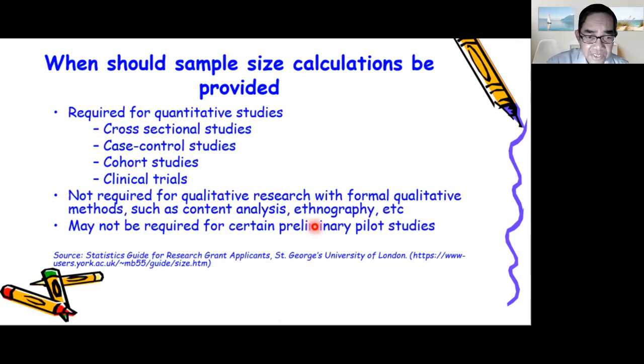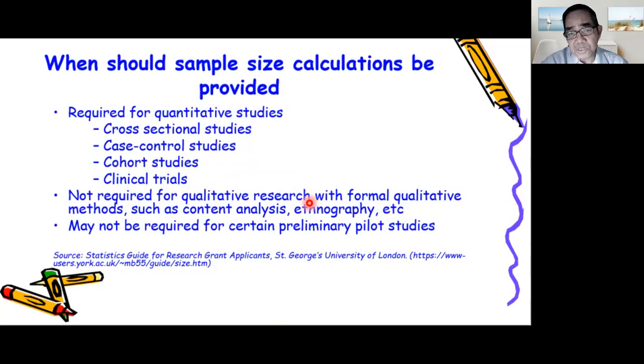Qualitative studies don't require sample size calculation. It may not be required for certain preliminary studies. I would like to explain why we don't need to calculate the sample size for qualitative research.